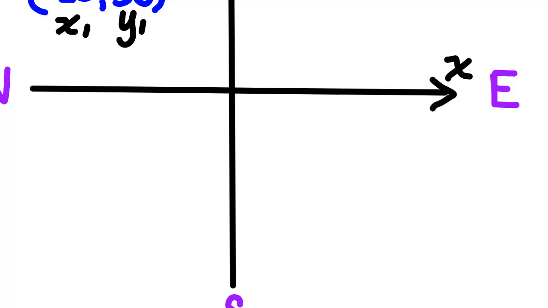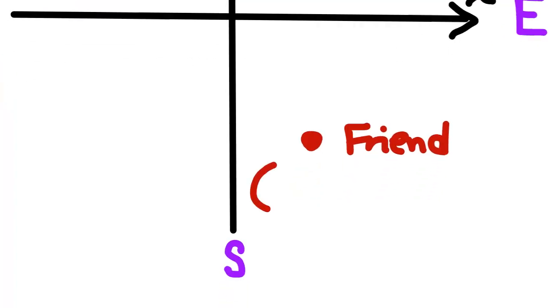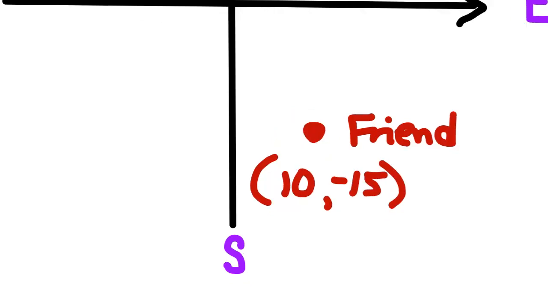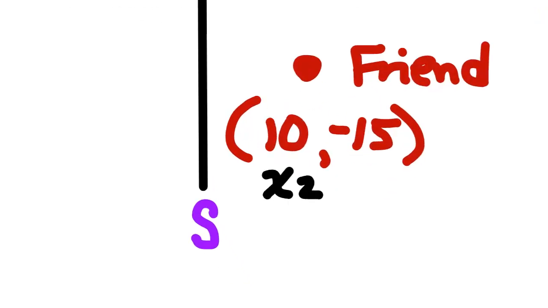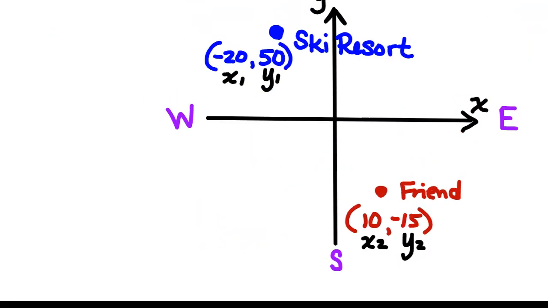How far east? 15 or 10. So like here. Here's the friend. What would this ordered pair look like? 10 and negative 15. 10 to the east, 15 to the south. So that's going to be my x2 and y2.